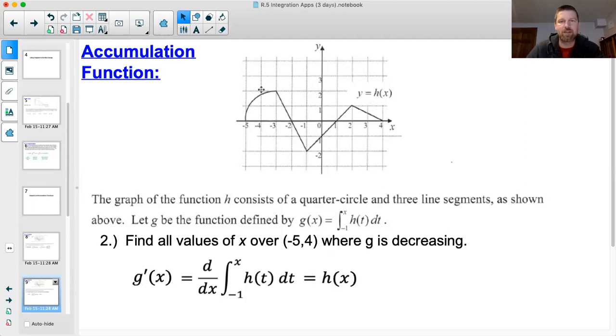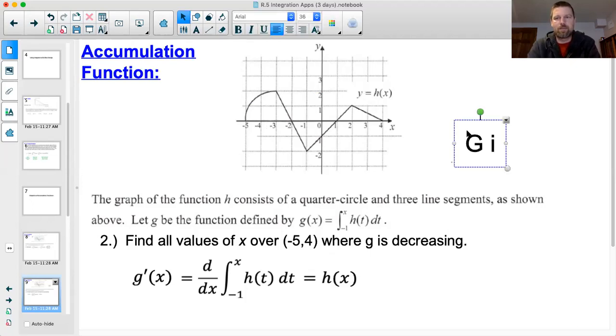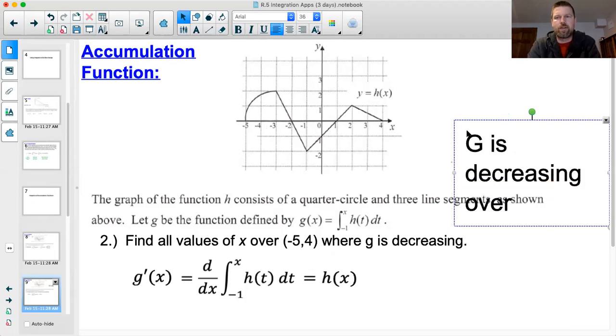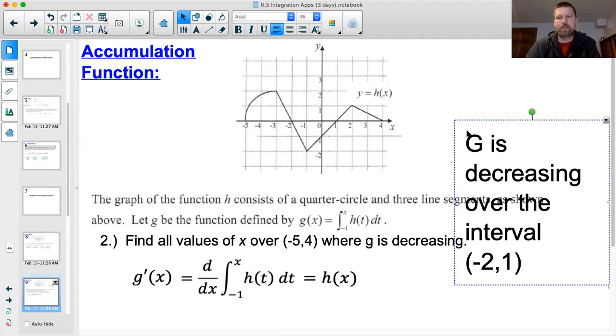I can look at this like, oh, well, h is positive here, it's positive there, it's only negative during this section here. So g is decreasing over the interval -2 to 1, right? Because that's the interval over which h has negative values, and h is the exact same thing as g prime.